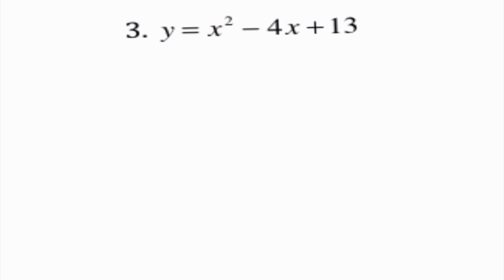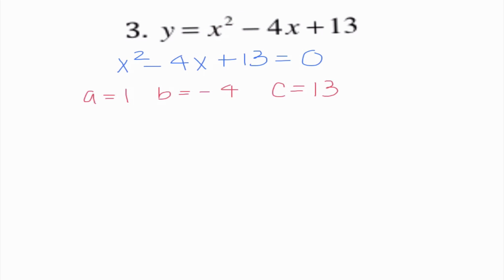So now we're going to go ahead and do 3 in the same exact way. I've already set it equal to 0, and I figured out what all 3 of our values should be. And this time I'm not going to write out the quadratic formula. We'll probably all get to a point where we know it by heart.